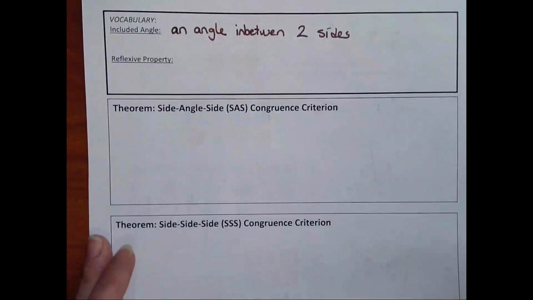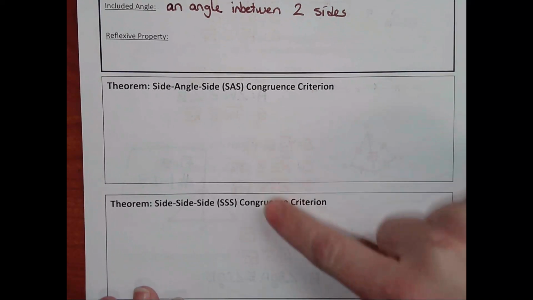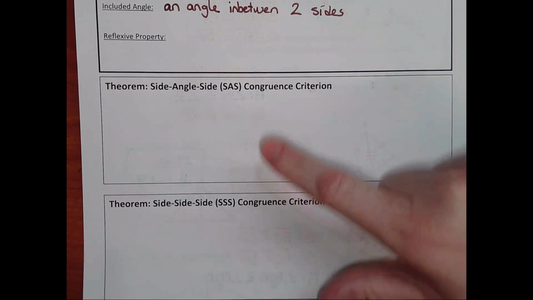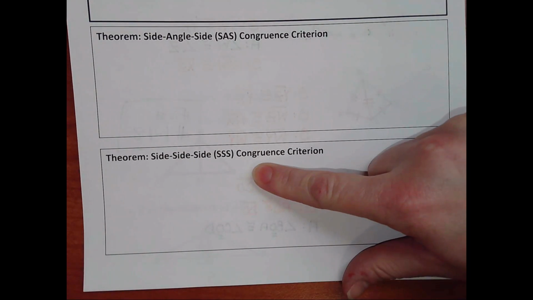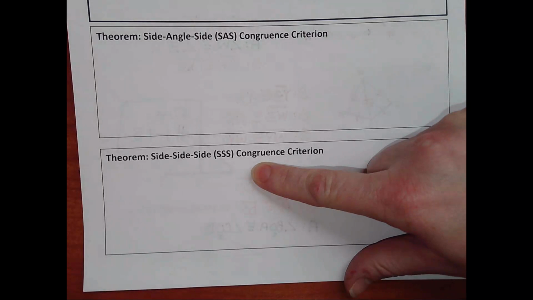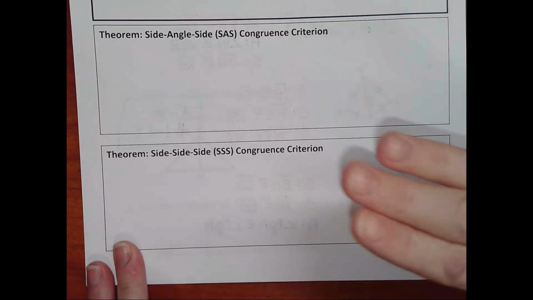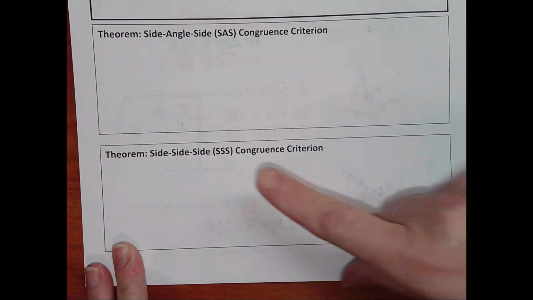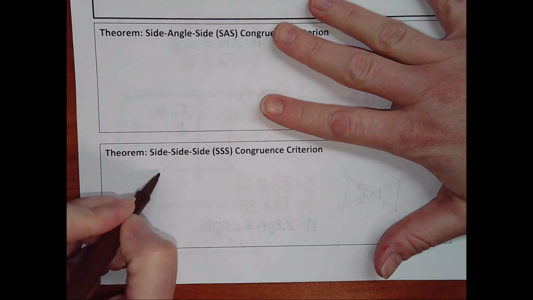So thinking about included angles, we've got to talk about side angle side, and really side doesn't have to do with that, but side angle side. We're actually going to start with side though. If you have a triangle that has three sides that are congruent to three sides on the other, then the triangles are congruent by side. So I'm going to draw a little picture of what that would look like.